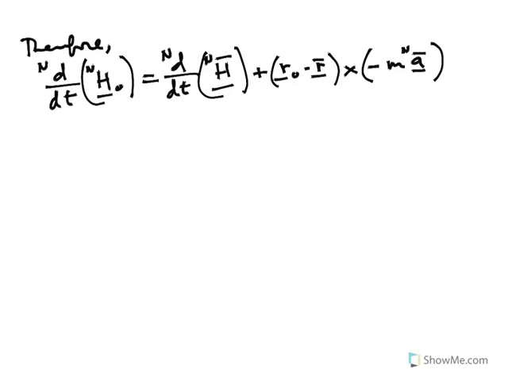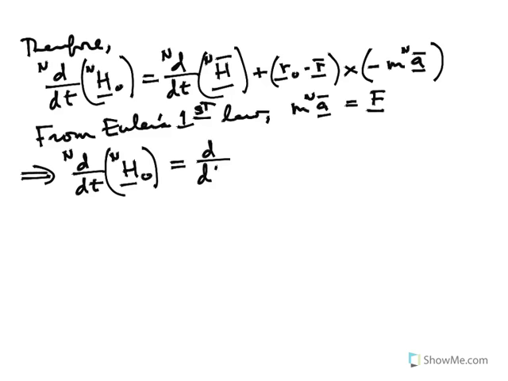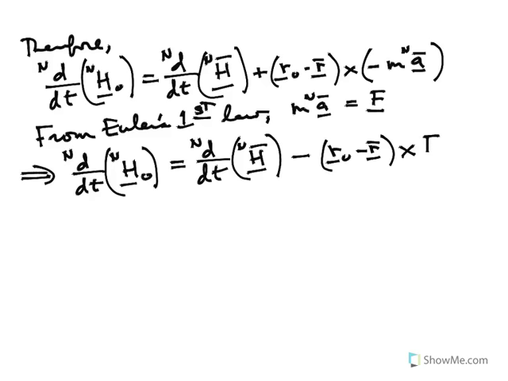But from Euler's first law, we have that MA bar in N is equal to F. So therefore, the rate of change in N of HO in N is equal to the rate of change in N of H bar in N plus, or say minus, RO minus R bar crossed with F, which is the resultant force acting on the body.